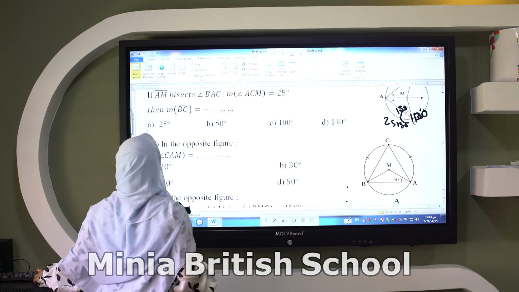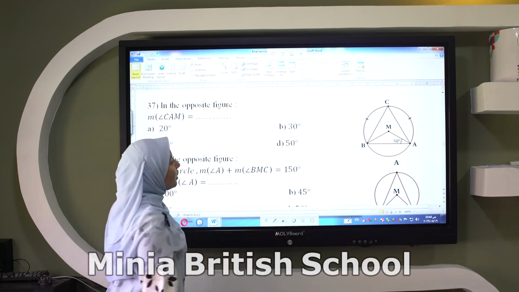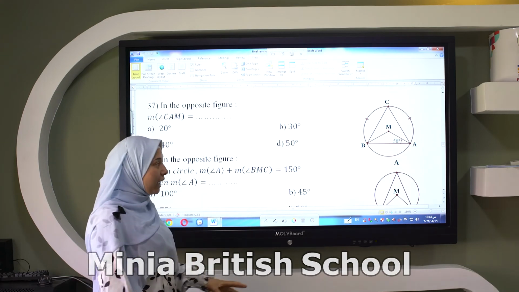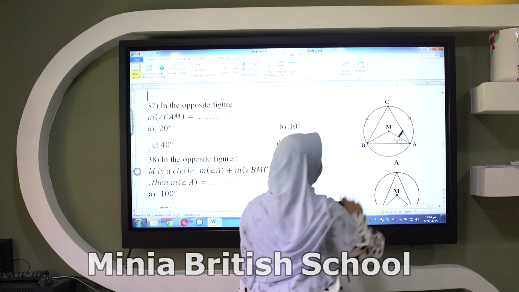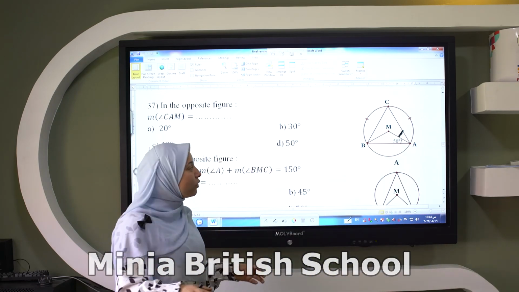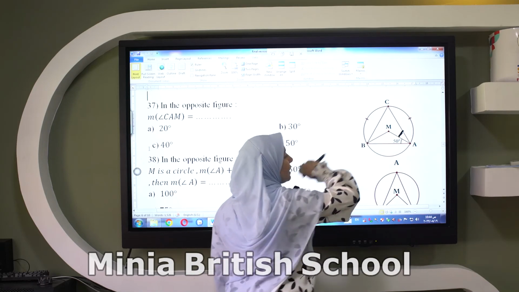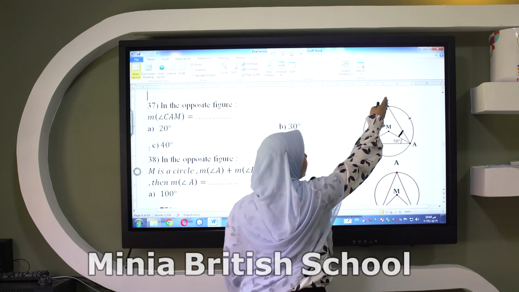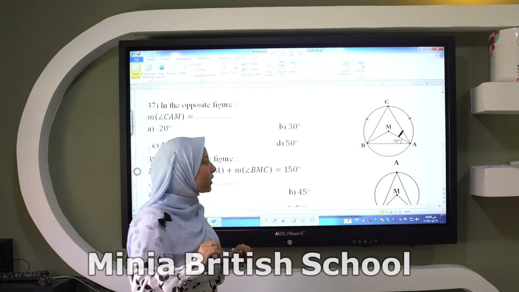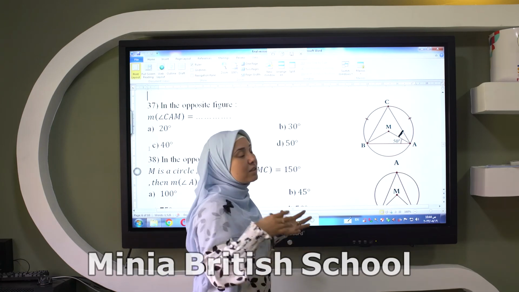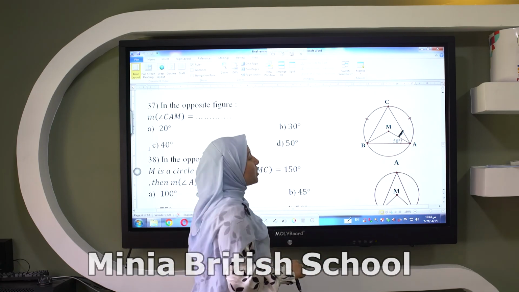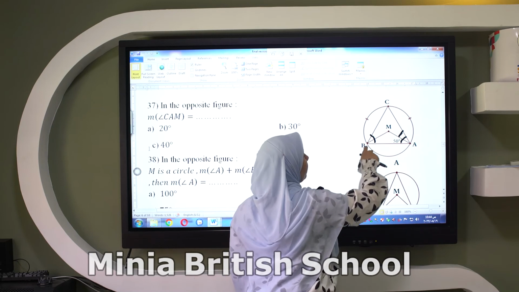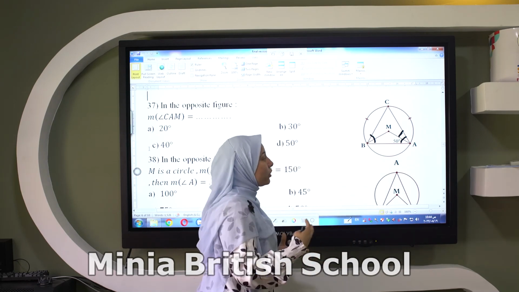Okay, number 37, in the opposite figure here, we need to find the measure of angle CAM, this angle. From the graph, the measure of arc AC equals the measure of arc CP. Then the length of AC equals the length of CP. Clear? Here this triangle is an isosceles triangle, so the measure of angle A equals the measure of angle P, and MA and MP are equal because they are two radii.